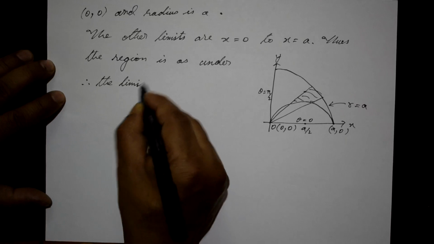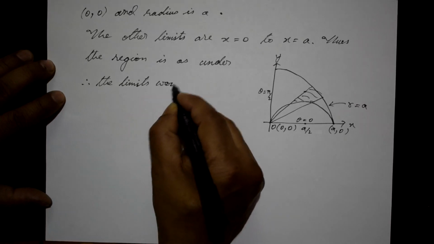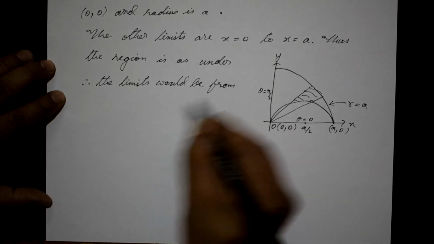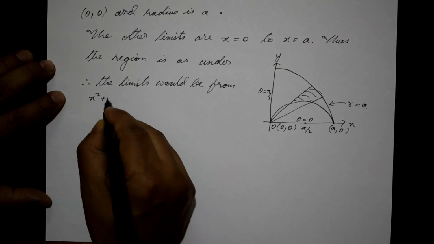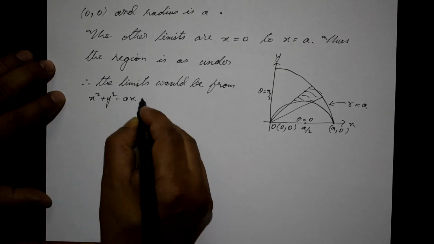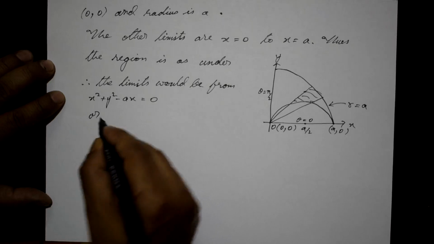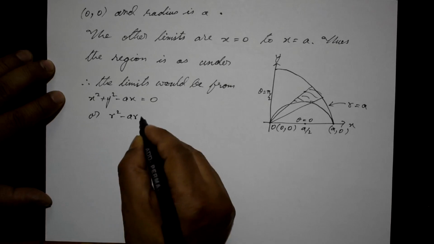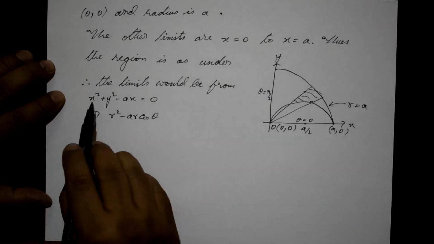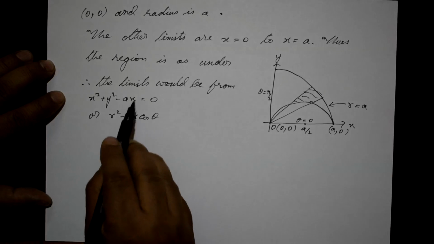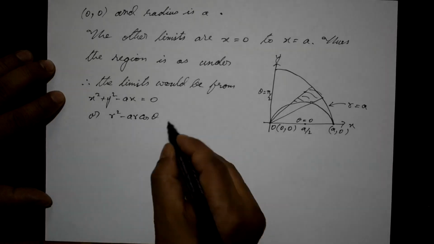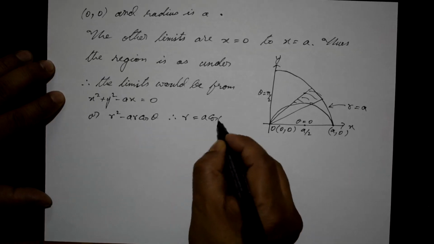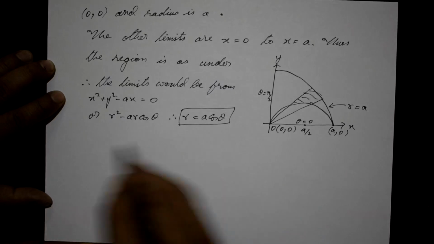Therefore, limits would be from x square plus y square minus ax is equal to 0, or x square plus y square is r square, minus a, in place of x we write r cos theta. From this we have r is equal to a cos theta.